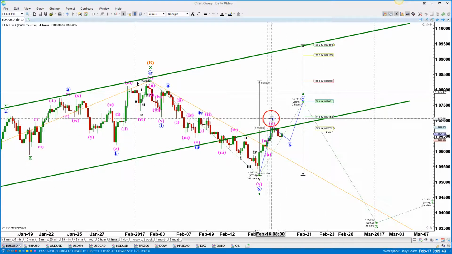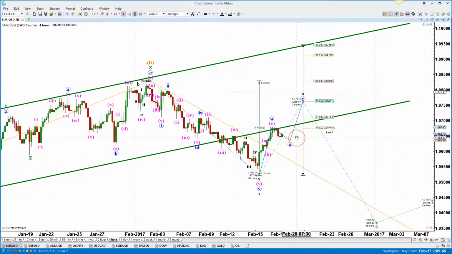Here is the wave W, here is the wave X, and then expecting the move up to the 78.6%. So this is going to be the plan to follow this leg up for the wave 2.